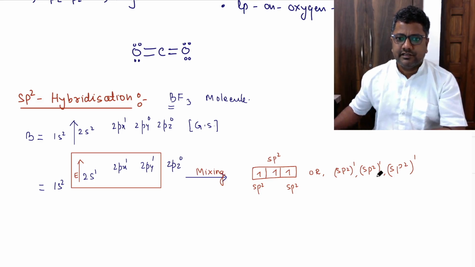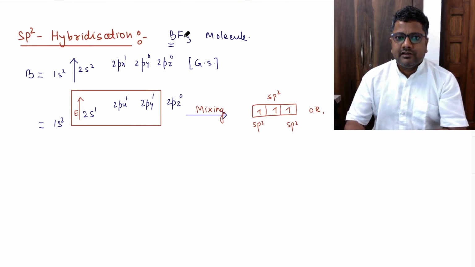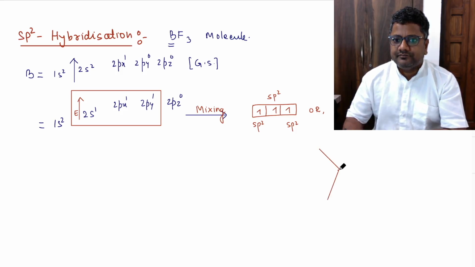And what is the orientation as per the hybridization concept? These hybrid orbitals are oriented at 120 degrees from each other.